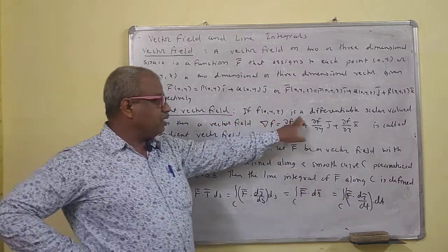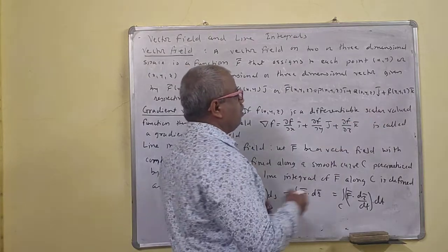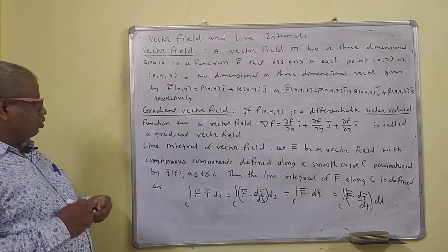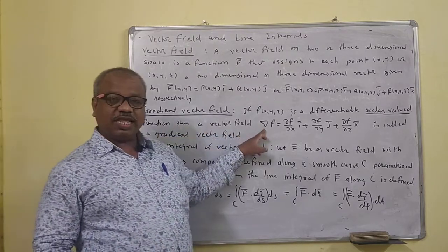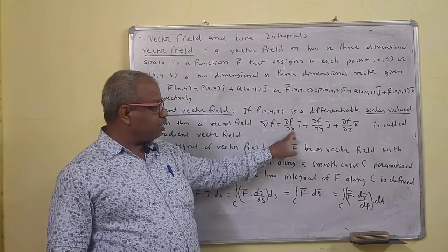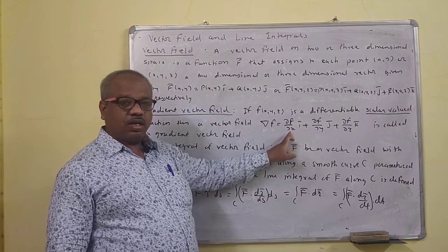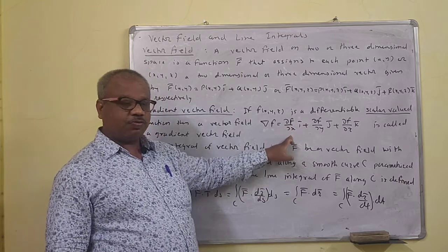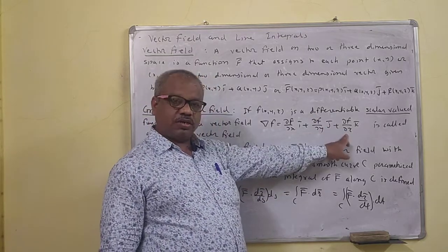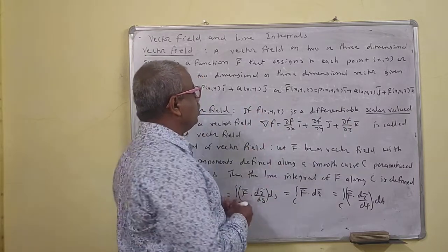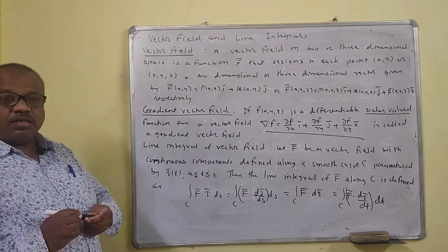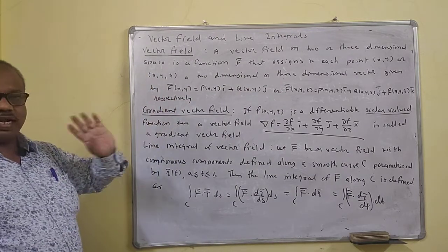If f of (x, y) is a differentiable scalar valued function, this is very important here, it is a scalar valued function, then the vector field, nabla f, is nothing but del f by del x, that means we differentiate the first component partially with respect to x, then partially with respect to y, then partially with respect to z. This is the definition of the gradient of a scalar point function, and it is called the gradient vector field.